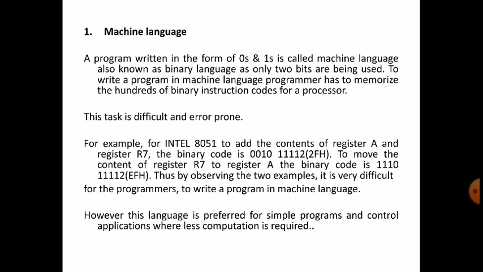If we write directly in the machine language, we don't need an assembler or compiler to translate it into machine language. Directly we are writing in the machine language, so we don't need this extra software and extra work for the processor.